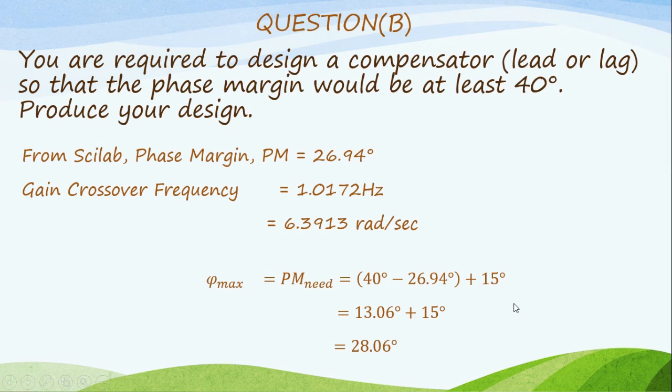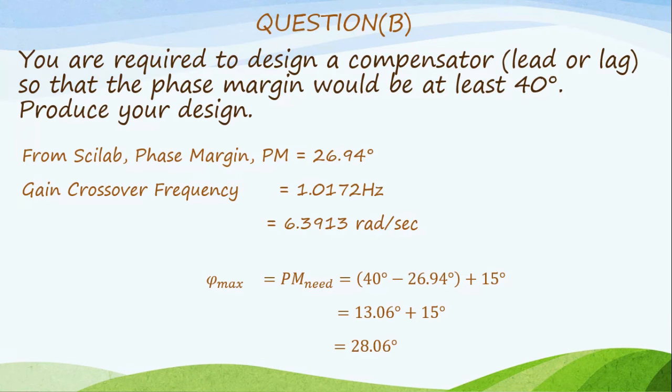Now I will present the solution for question B. From the result of part A, the phase margin obtained is 26.94 degrees, and the gain crossover frequency is equal to 1.172 Hz, which is equal to 6.3913 radian per second. This is because 1 Hz is equal to 2 pi radian per second.